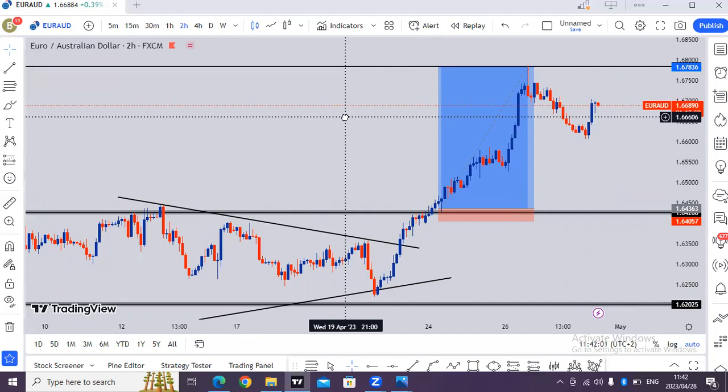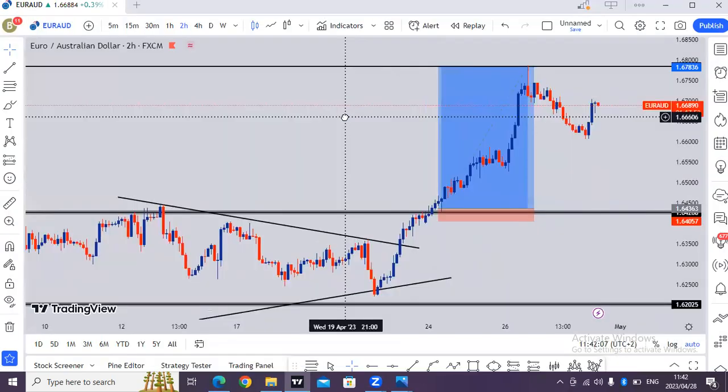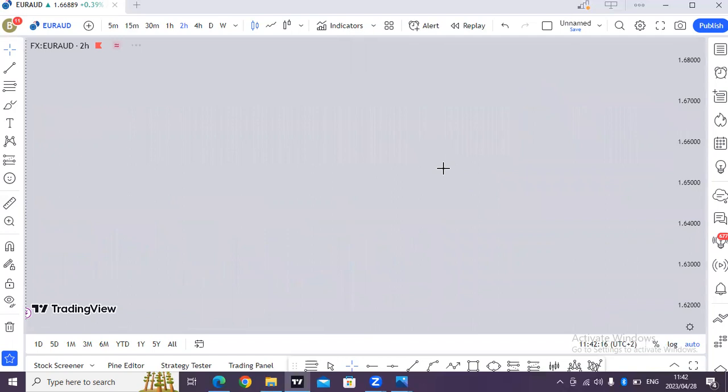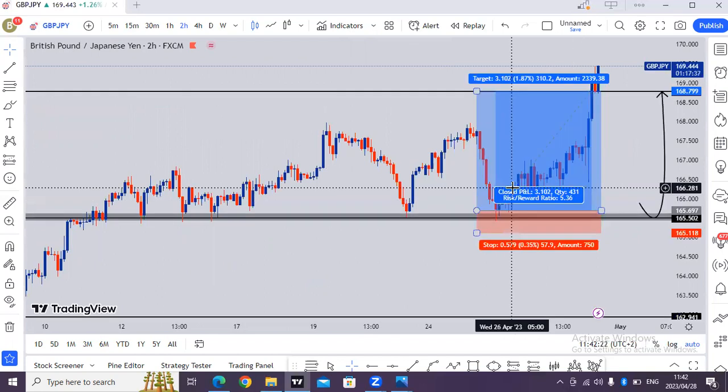Let me show you GBP JPY. I want to show you something that has more info. That one was just too easy. I don't want you approaching markets thinking everything is as easy as what I just showed you. I want something a little bit complicated like GBP JPY.